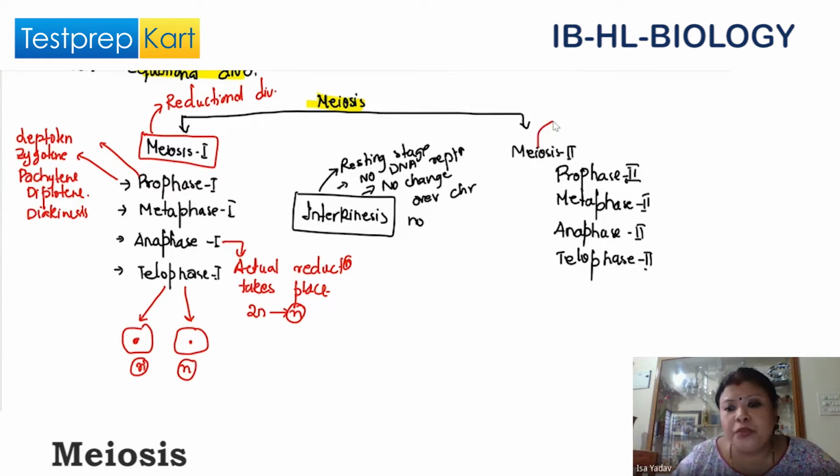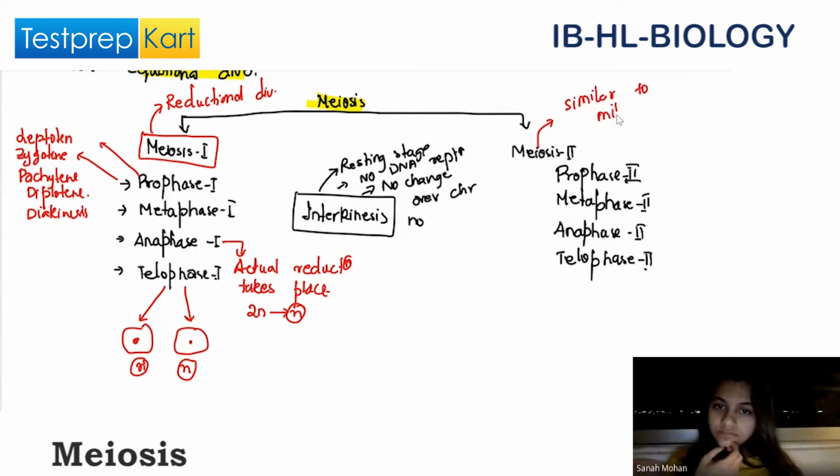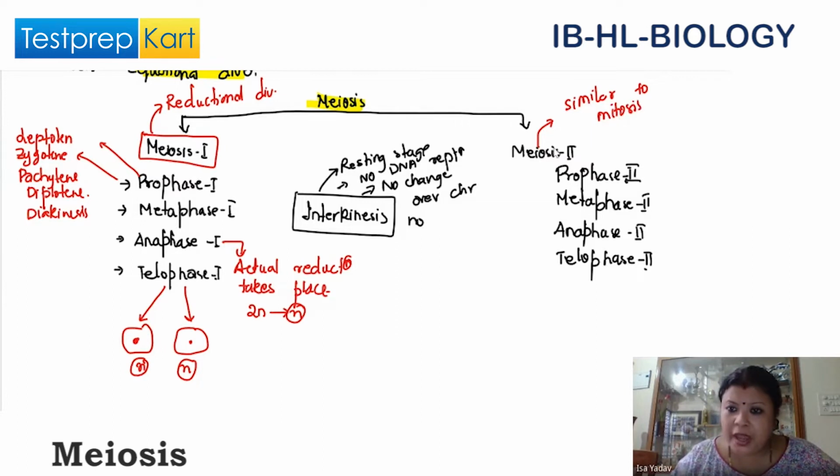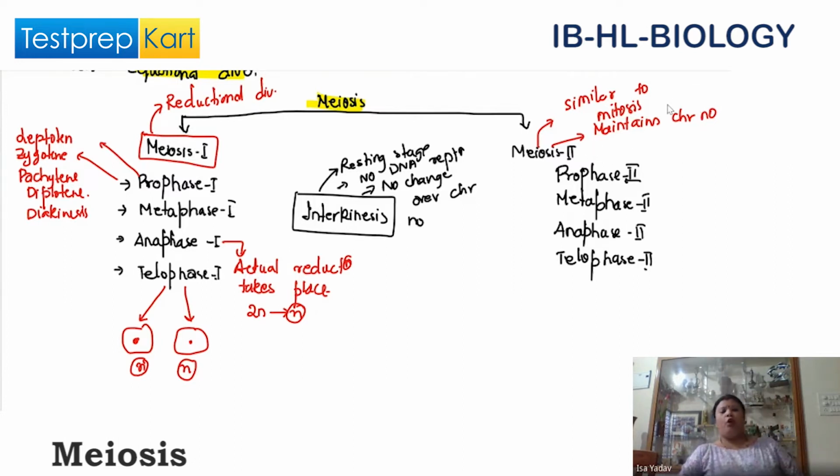Meiosis 2 is similar to mitosis. In meiosis 2, we'll not say it's an equational division, but it maintains chromosome number. That means it does not allow the chromosome number to go below 23.